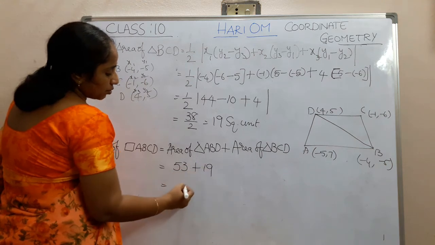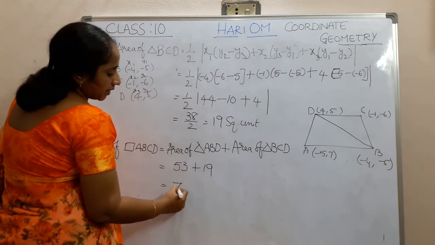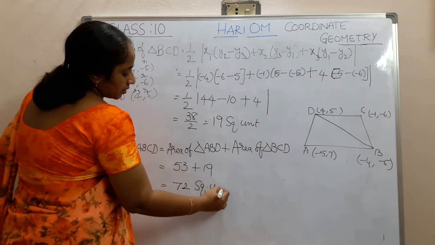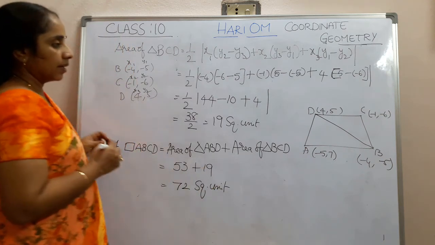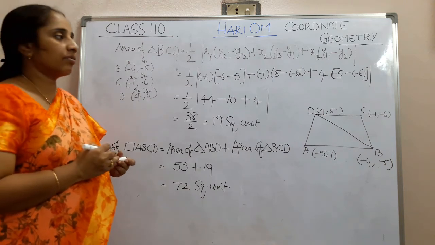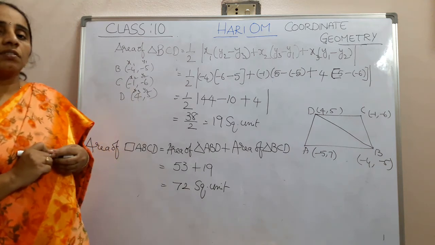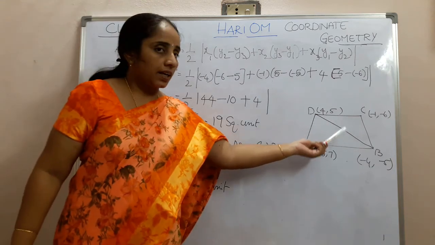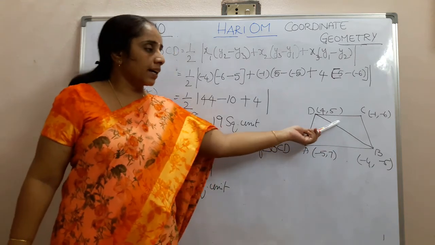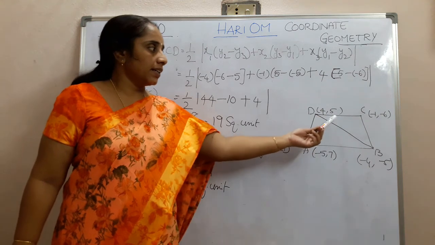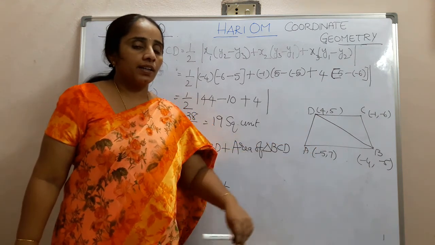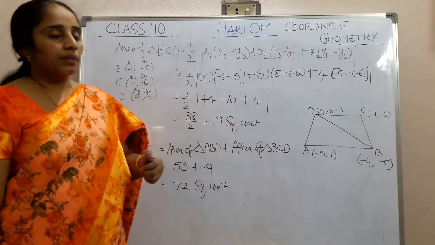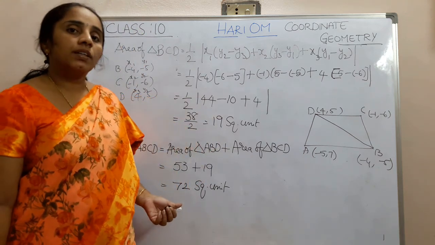By adding these two, we can get 72 square units. Okay. In this way, we can find the area of a quadrilateral by dividing that quadrilateral into two triangles, finding each triangle's area individually, and then by adding the two areas we can get the area of the quadrilateral.